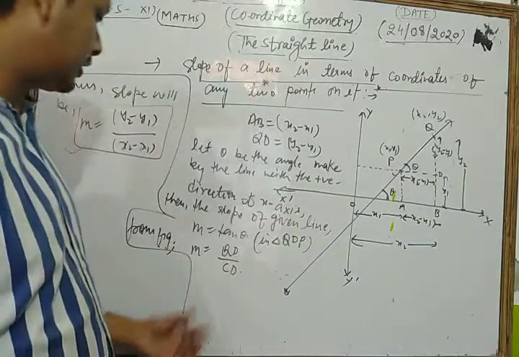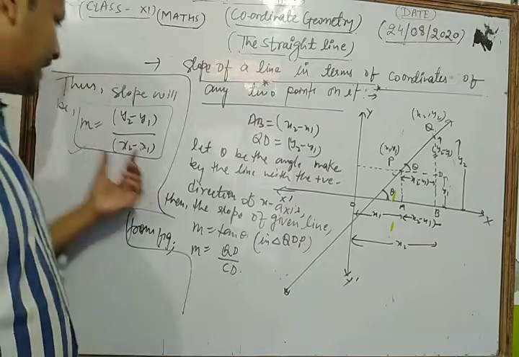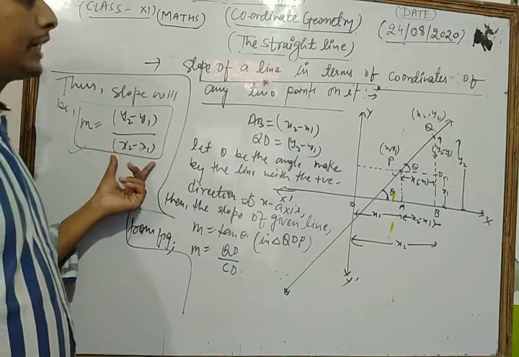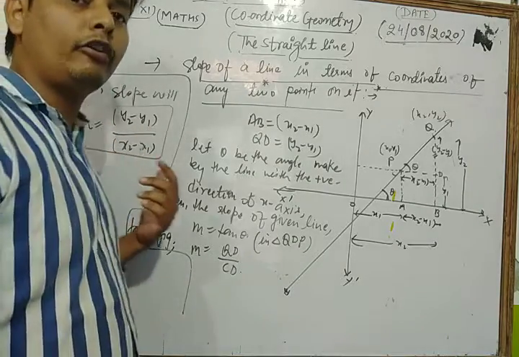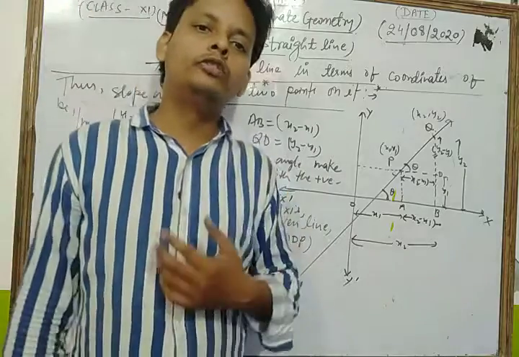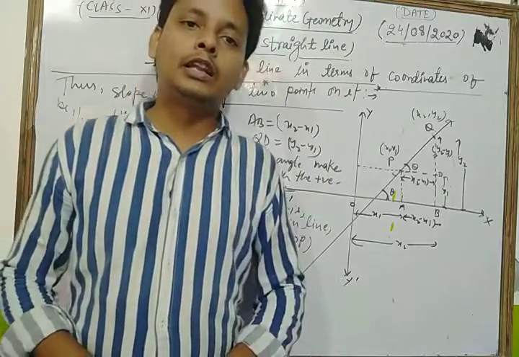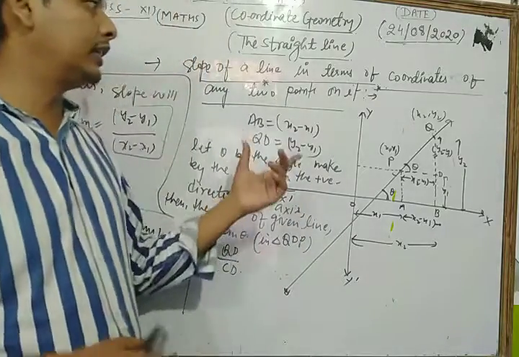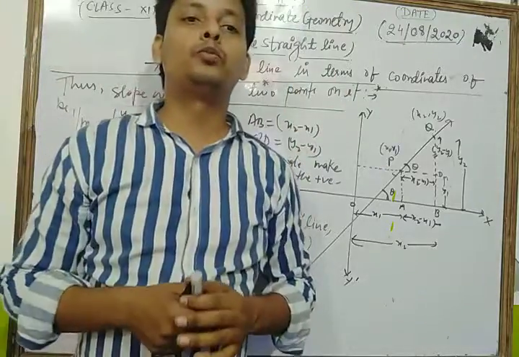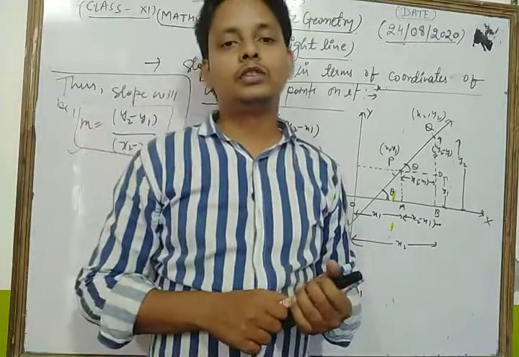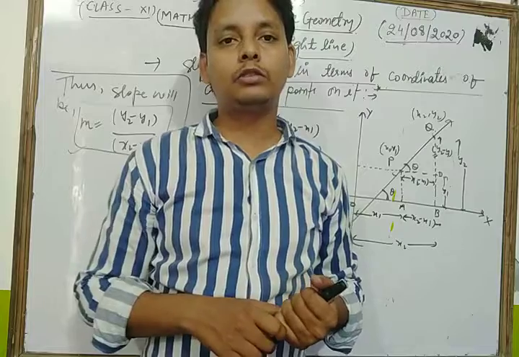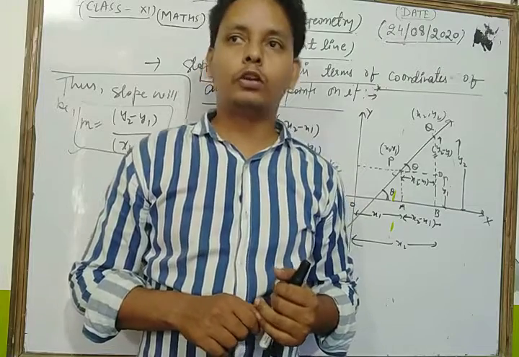So we get our formula as m is equal to y2 minus y1 upon x2 minus x1. This is another formula to find the slope of any given line when the coordinates of two points on the line are given.